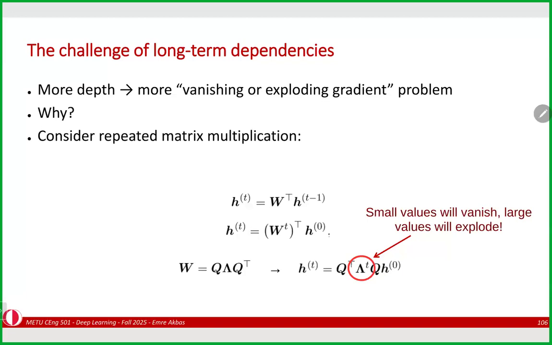If you have values that are close to 1, that's fine, because 1 multiplied by 1 will be stable. But if you have values close to 0, they will tend towards 0. If you have values larger than 1, they could easily become huge numbers, exponentially growing. This is the source of the vanishing or exploding gradients problem, repeated matrix multiplication.